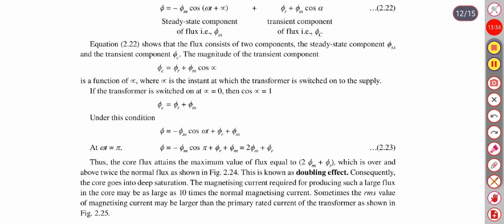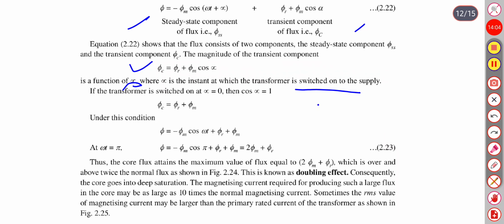Now these two equations show that the flux consists of two components, as we have discussed. The magnitude of the transient component phi c equals phi r plus phi m cos alpha, which is a function of alpha, where alpha is the instant at which the transformer is switched on to the supply.